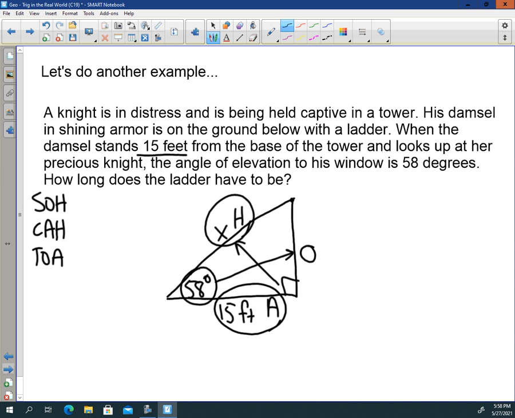Since we have the A and we want the H, cosine is what we're going to use this time. So the cosine of the angle is the adjacent over the hypotenuse. And here we go. Now we can solve this. Cosine of 58.